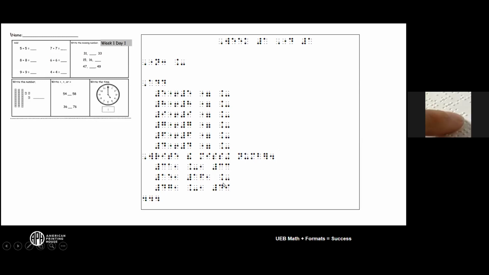So each of the series of numbers is in 3-5 again. And then we would continue that trend for the rest of the pieces of print, right? So we would do 1-5 for write the number, and then if we could fit it, start our tactile graphic in cell 3 perhaps. Again, back to 1 for write less than, greater than, or equals, and then treat these as sub-items, these expressions where the symbol of comparison is missing.